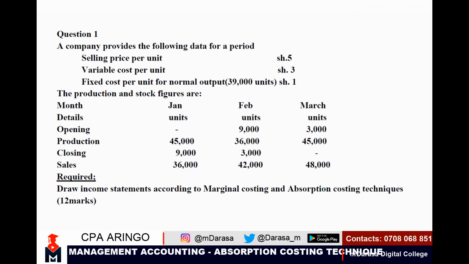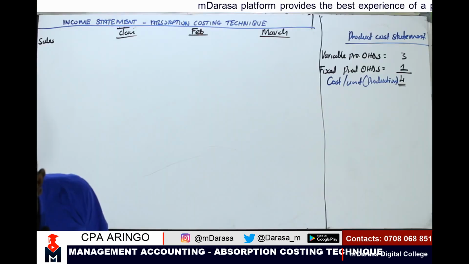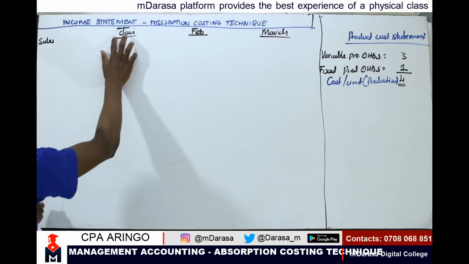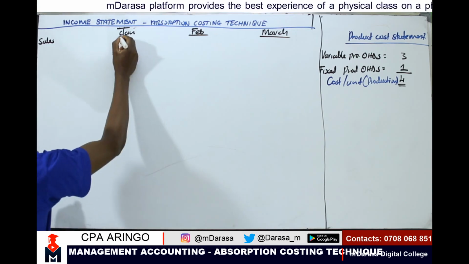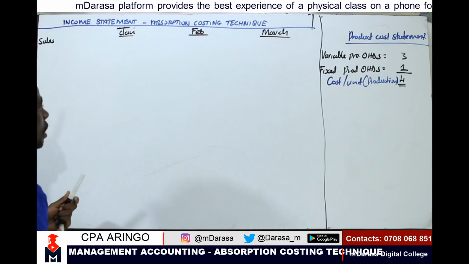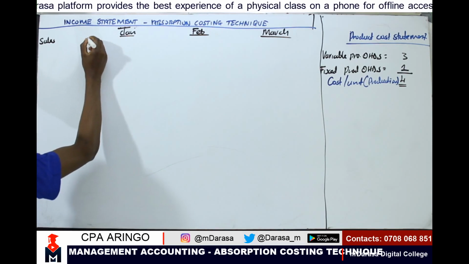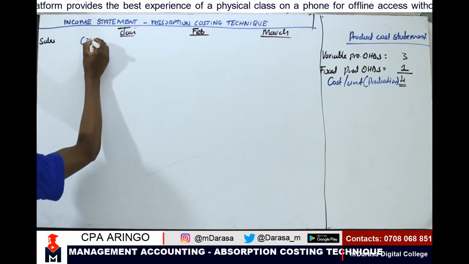And for the month of March, I'm given 48,000. So those are the number of units that you are given. I believe you had noted that. So for the month of January, I'm going to have 36,000.